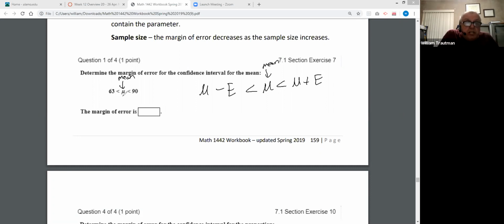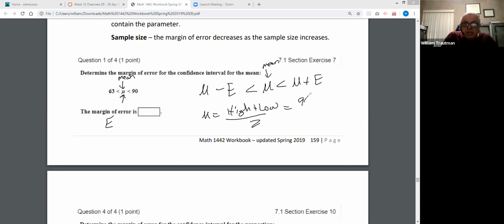The first thing we need to do is find the mean, even though we want to find E. Margin of error is E. We need to find this E. But in order to find E, the first thing we need to do is find U, the average. And the average equals the high plus the low divided by 2.